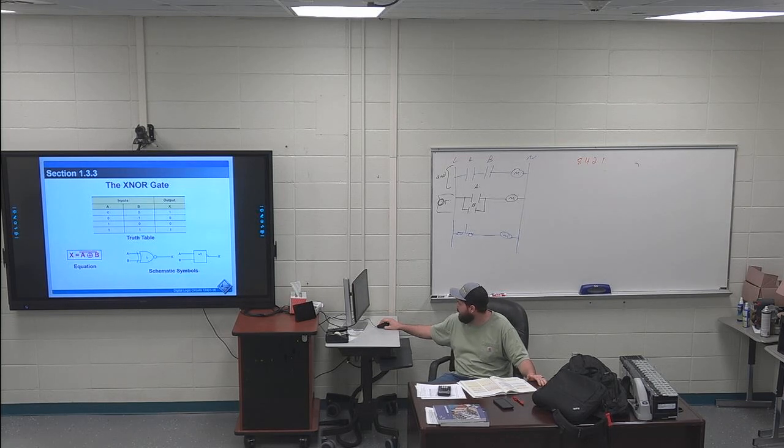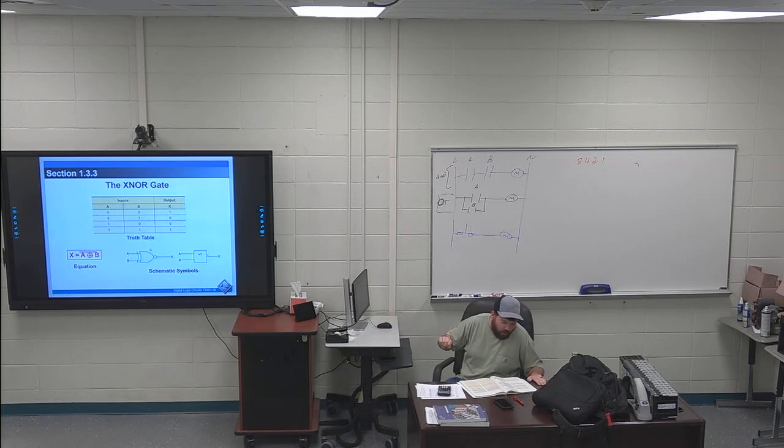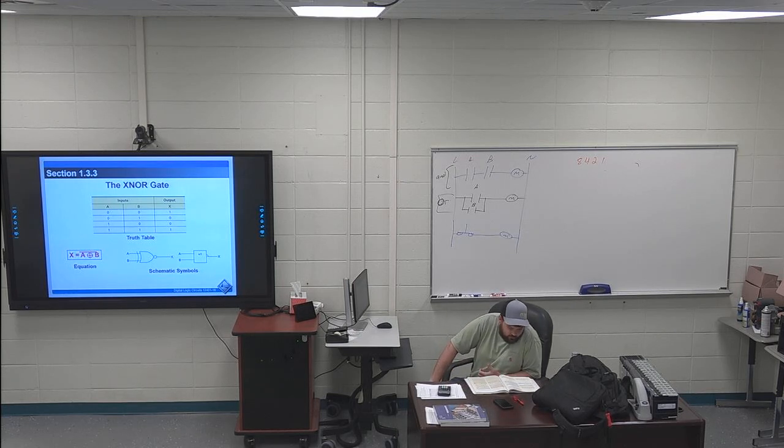I've got an OR gate with an inverter and then the line. So this is an X. The X, remember the line gives you the X, the circle gives you the N, and then this is an OR gate. Online test question is the third sentence to the end of that paragraph, first paragraph in 133.